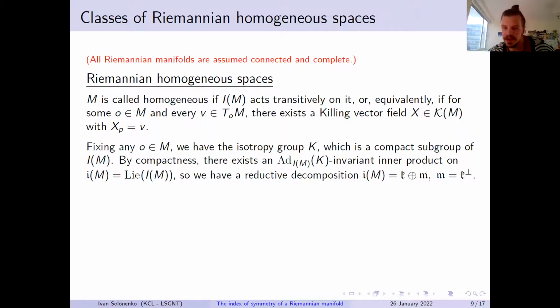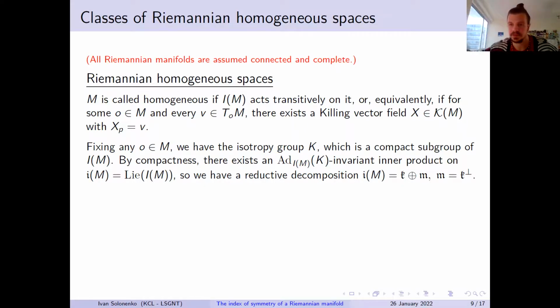With respect to this invariant inner product, we can take the orthogonal complement to k inside g and call it m. And this m will be, by obvious representation theory, preserved by K. Moreover, the isotropy action of K on the tangent space to M at O is the same, this is just a one line computation, as the adjoint action of K on this reductive summand m.